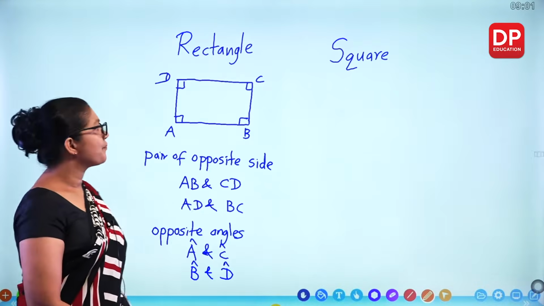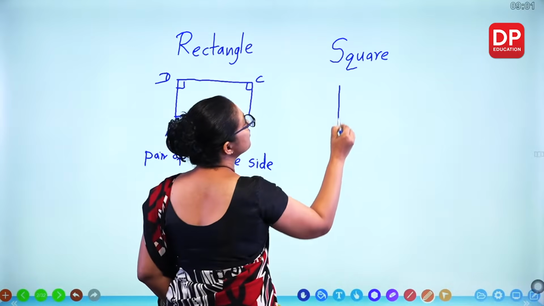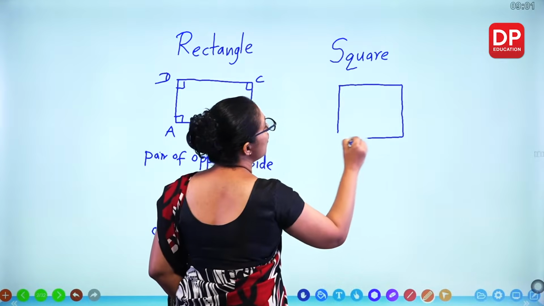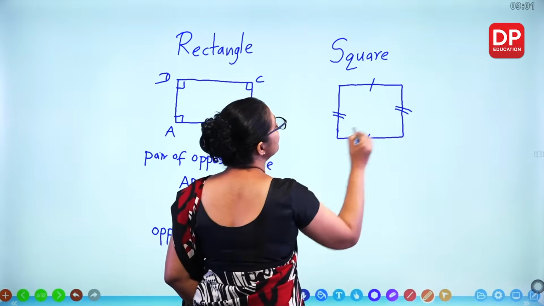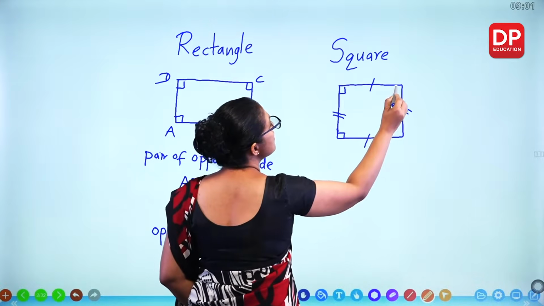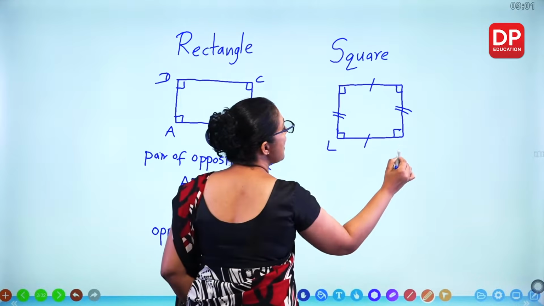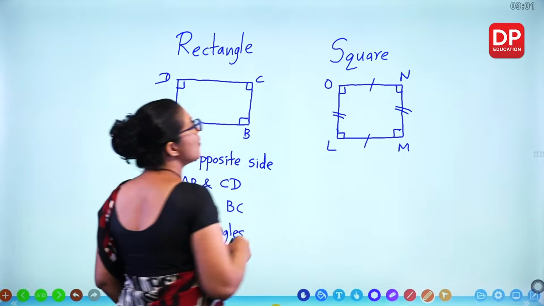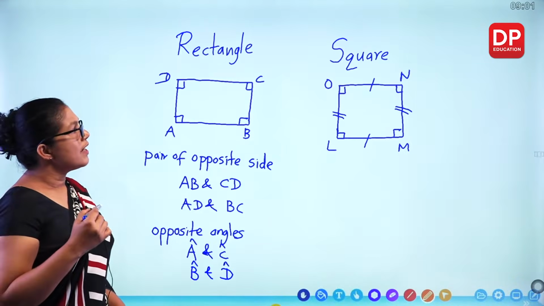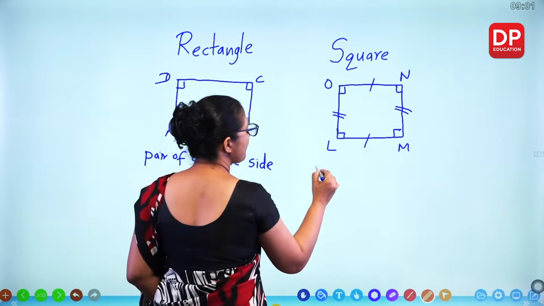What's a square? In a square, all sides are equal, and these are 90-degree angles. I'll label this as L, M, N, O. So in this square, what are opposite sides?